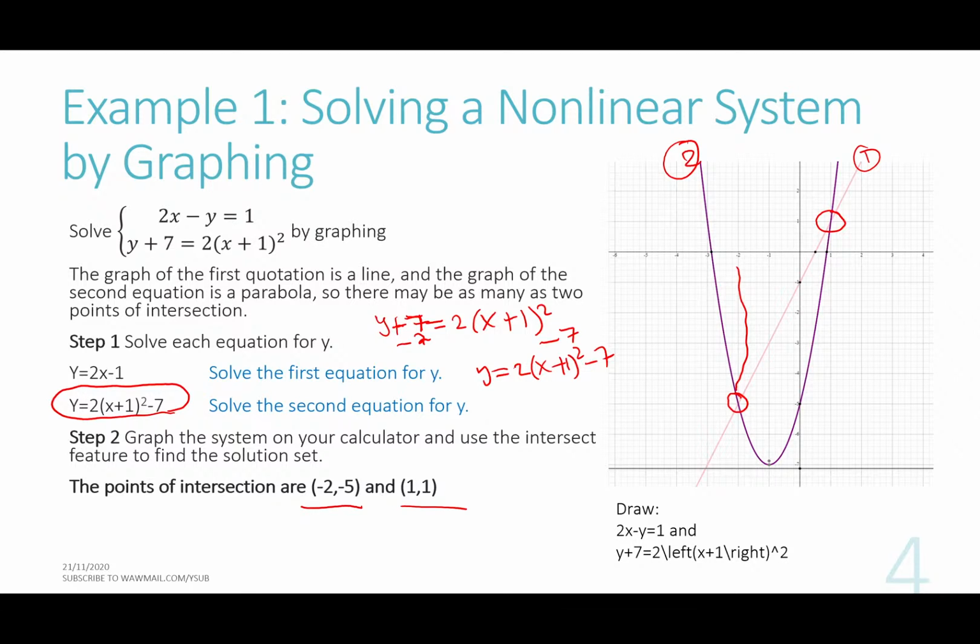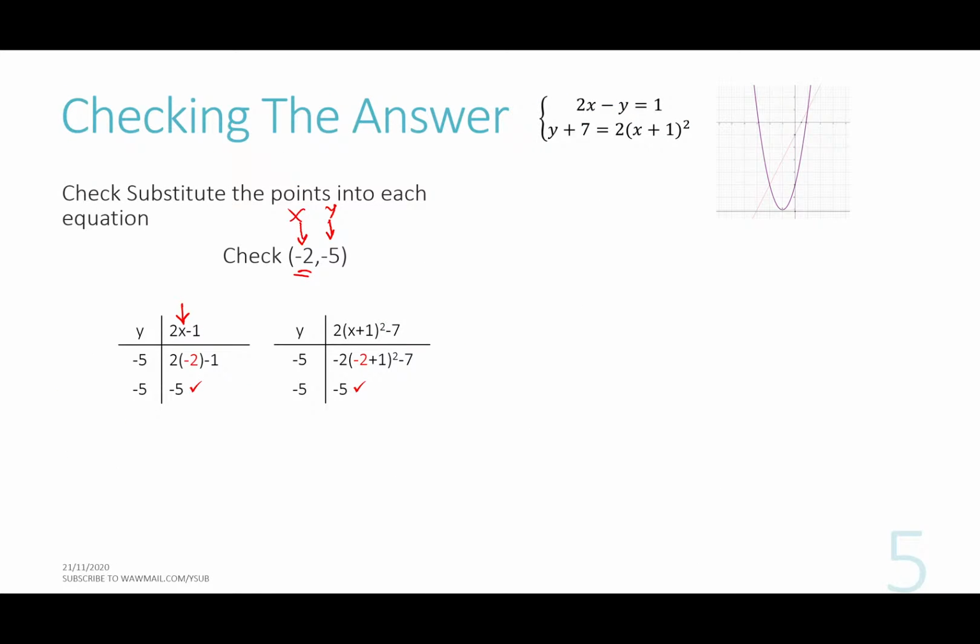Here we put, by the way, -2 in place of x. This is x and this is y. So we took the -2 and put it in the first equation in place of x. 2 multiplied by -2 equals -4. Minus 1 is -5. So this equation confirms that the result is correct.